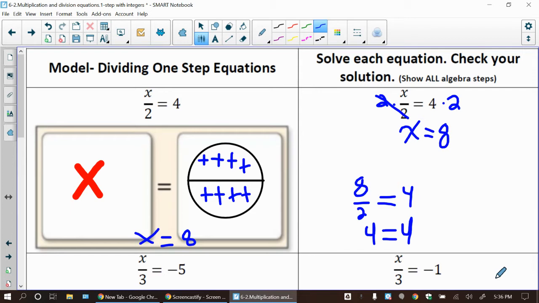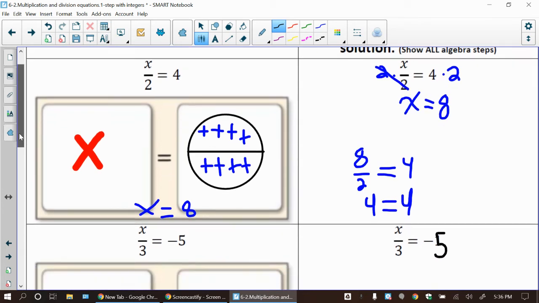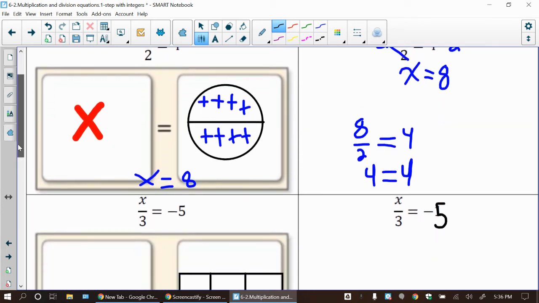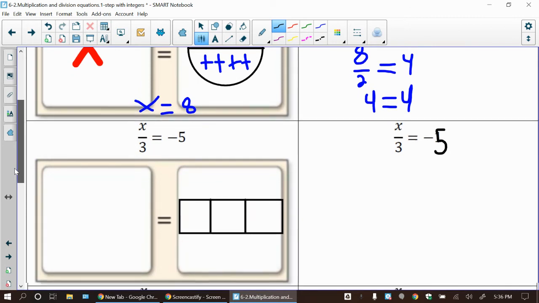Our next equation is x divided by 3 equals 5. I think this is supposed to be a 5 over here, so let me fix this to a 5. Say you're buying a candy bar.